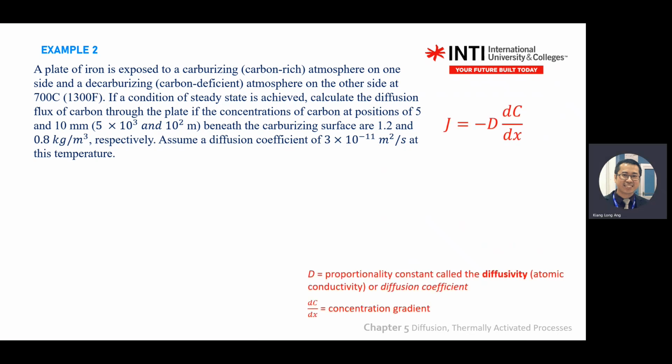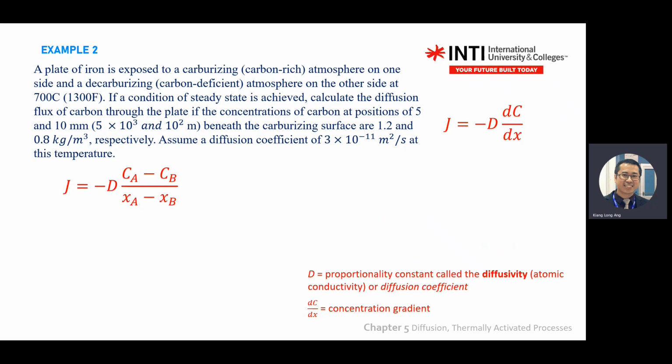Actually it is an application of J equals minus D dC over dx. This is the gradient again. For the gradient, you take concentration at position A minus concentration at position B, divided by X_A minus X_B. So you should be able to imagine the graph C versus X, and it is a stable condition.